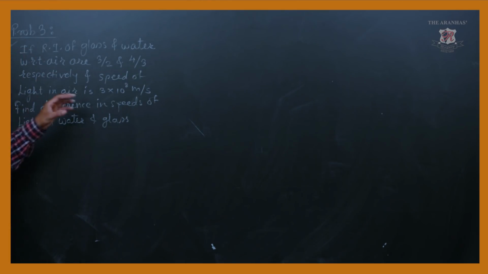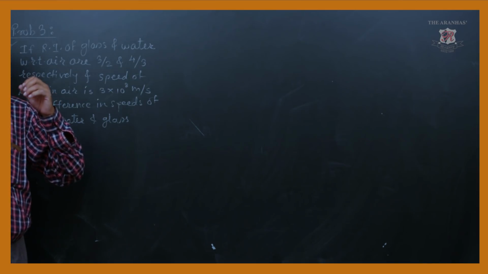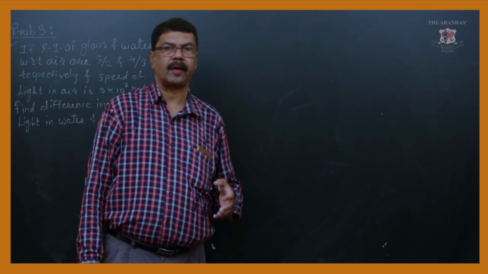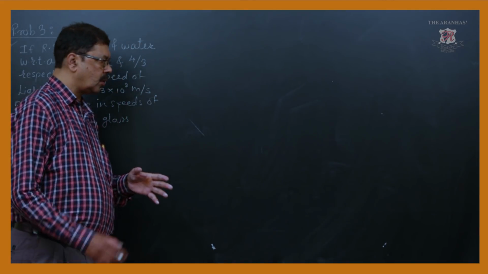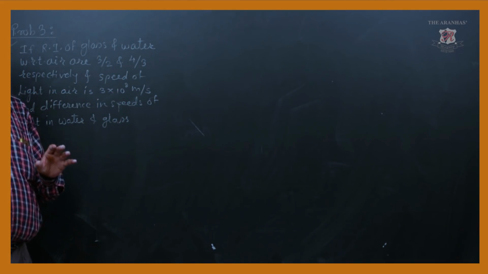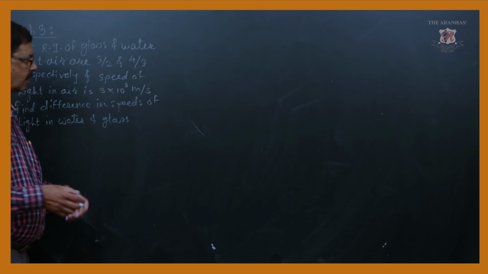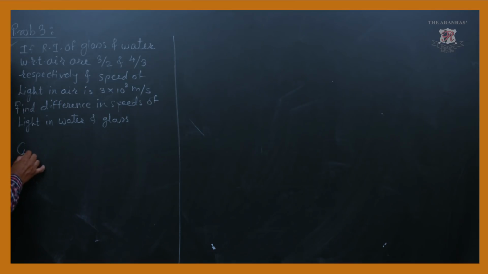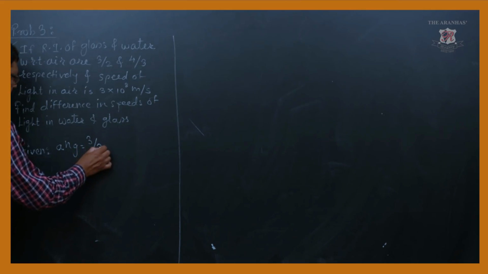Actually, this is one numerical which makes it evident whether you have followed the concepts of refraction or not. It is not difficult, it is tricky. See, whatever data is given, again the same things. I am using the same numbers because you should get acquainted with all these numbers regularly.